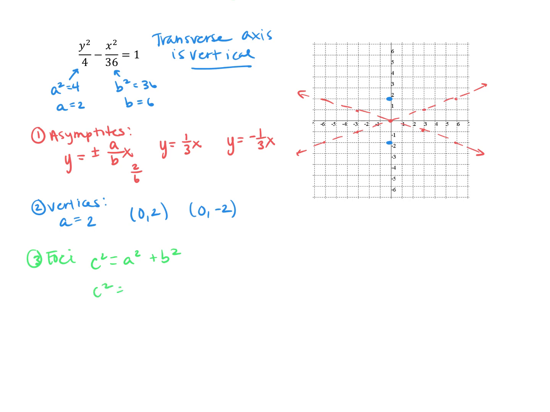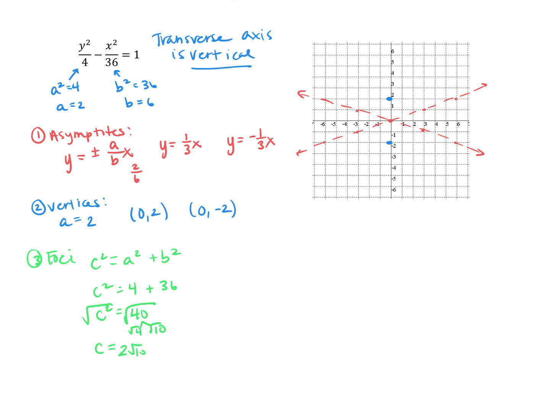So c squared equals our a squared is 4. Our b squared is 36. So 4 plus 36 is 40. Square root both sides. So c is equal to the square root of 40. However, we can reduce that with a square root of 4, square root of 10. So c is equal to 2 root 10.